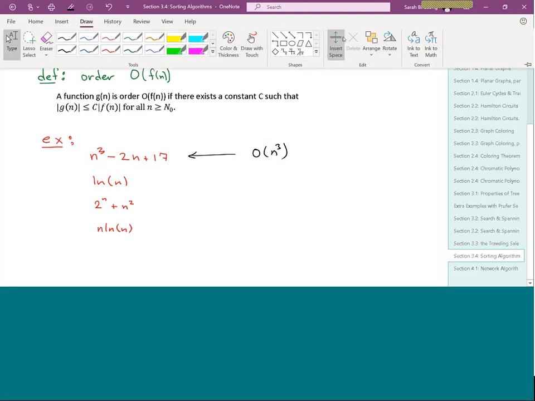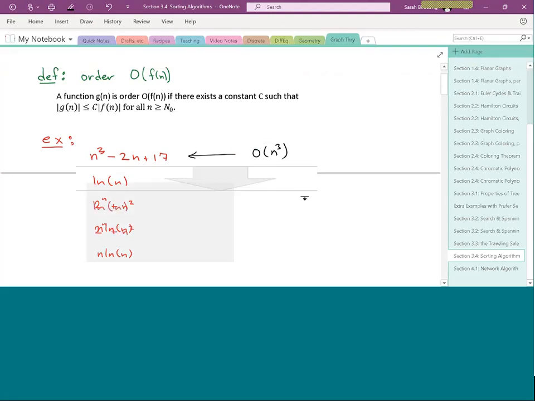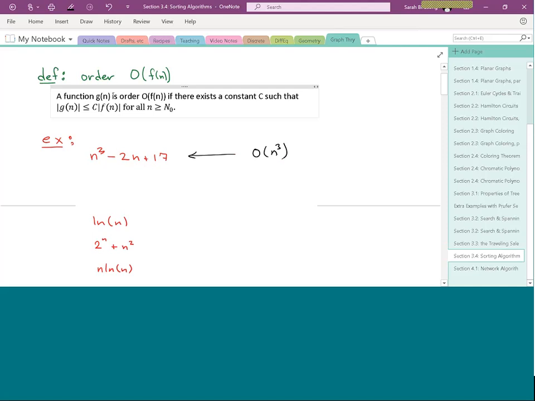So let us put in a little bit of space here, and we'll see what it means in terms of this formal definition. So in terms of this formal definition, if we claim that n cubed minus 2n plus 17 is order n cubed, this guy would be the g function, and the n cubed would be the f function.